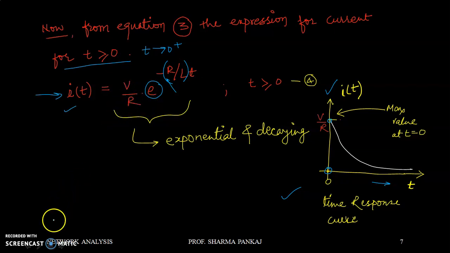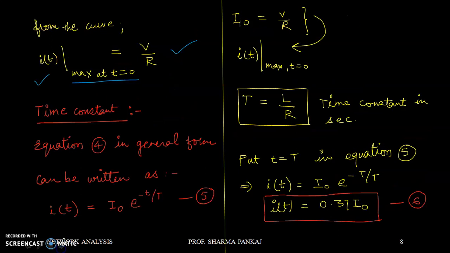We are going to write it in the form I(t) equal to I naught e raised to power minus t by capital T. That is equation number 5. I naught is your V by R, which is the I(t) maximum value at t equal to 0.